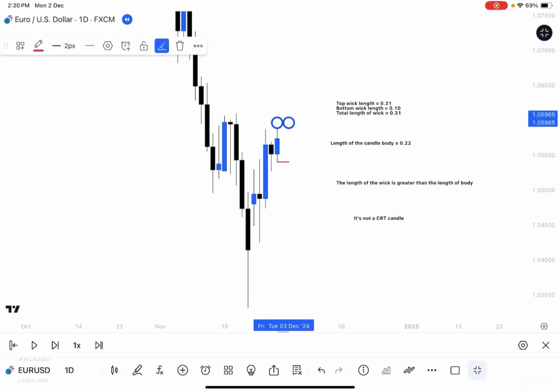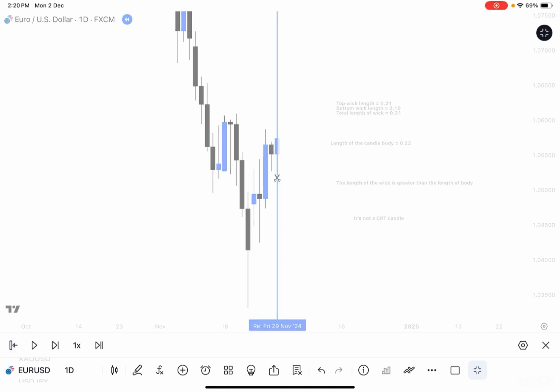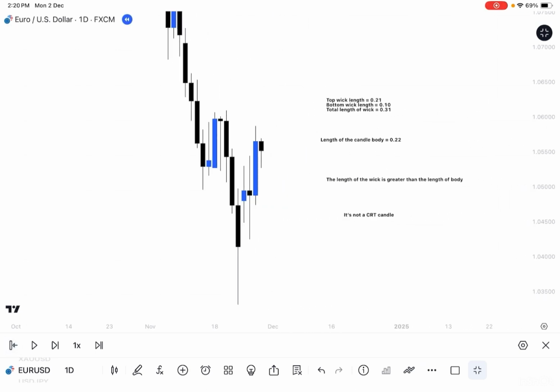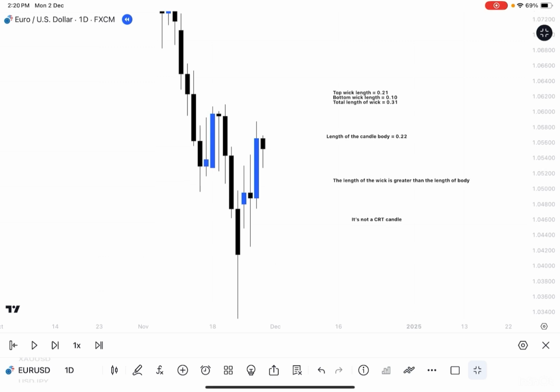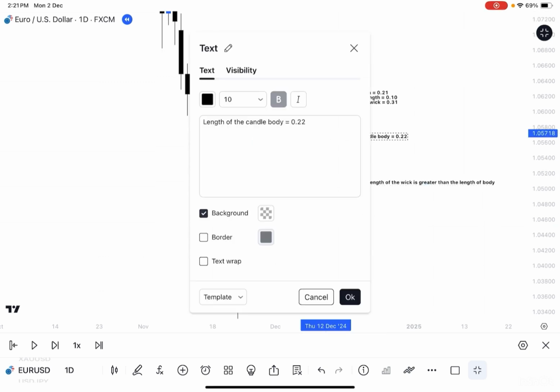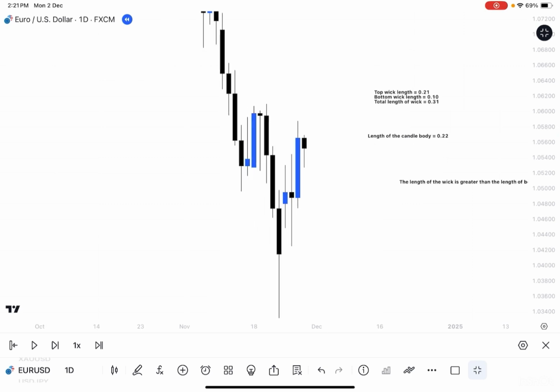So now let's check for the next candle, so that we can hide this candle and let this candle be visible. Let it be on the side.